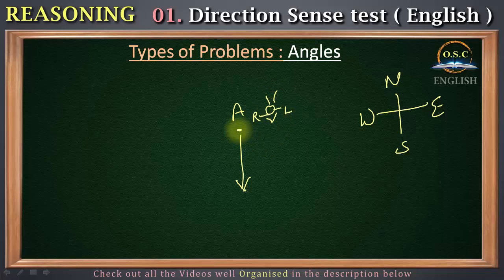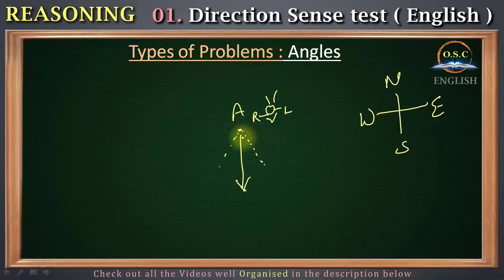Sometimes they might say he turns 45 degrees to his right side, which means his 45 degree right will be here. And what if they say he turns 45 degrees to his left, it will be this side. And they might give it in some other way as well. They might say he turns 90 degrees in the clockwise direction.